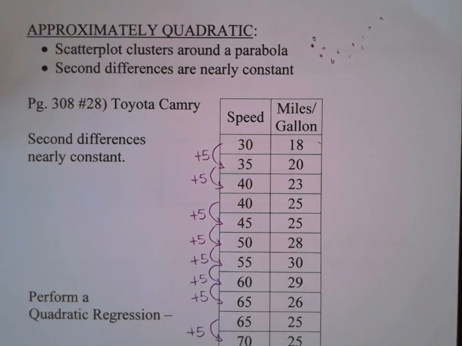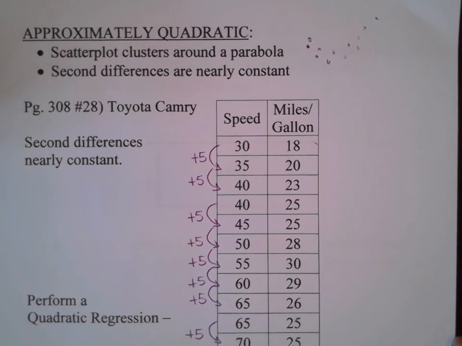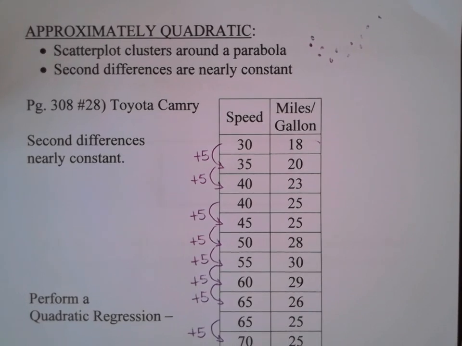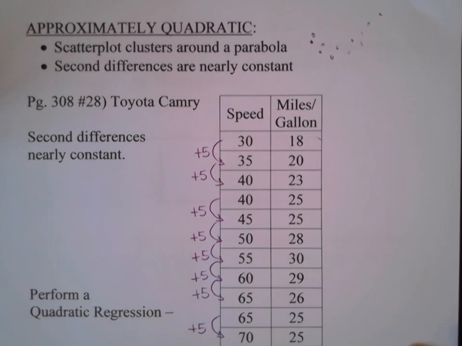Not sure how well the second differences would apply here. So at this point, maybe we'll just say, hey, this is approximately quadratic. Okay, and let me talk about how we're going to deal with that. Very likely I will come back and redo this video with another example where I can show you that the second differences do not come out to be the same.